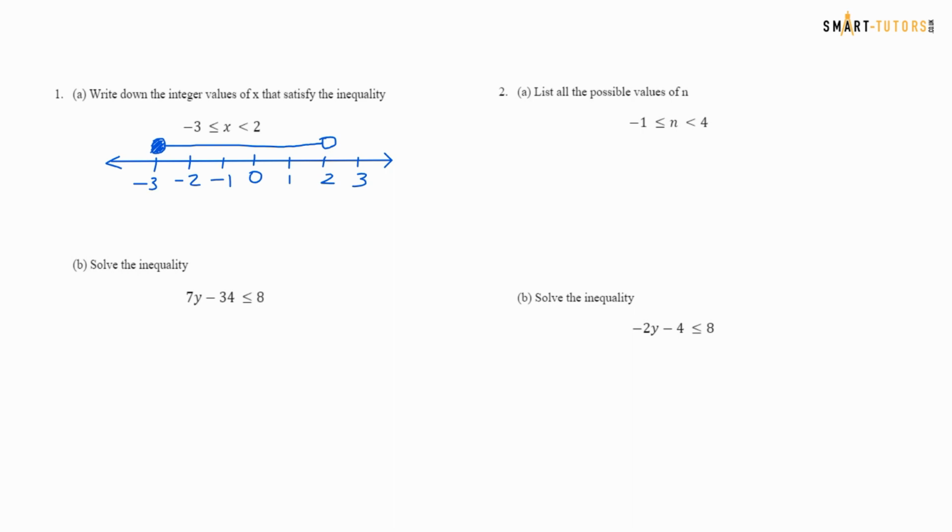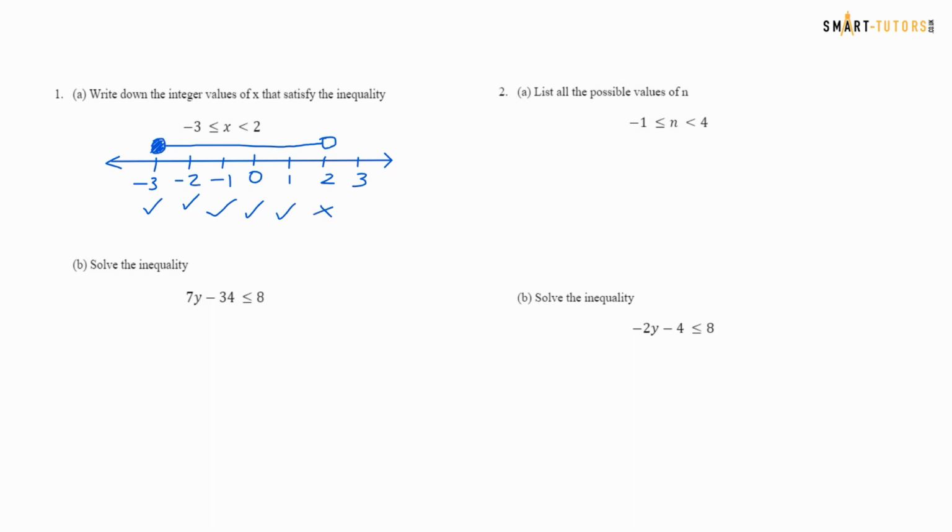Now they are not asking you to draw the number line, but it will help you to understand which numbers satisfy this inequality. Now read the question. Write down the integer values of x that satisfy the inequality. So -2 is okay, -3 also okay, -1, 0 and 1, 2 is not okay.